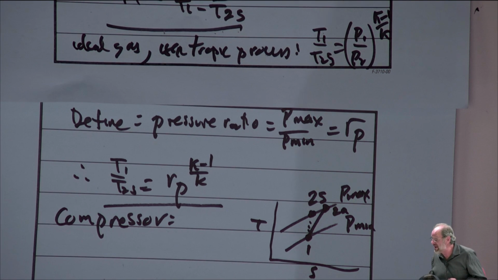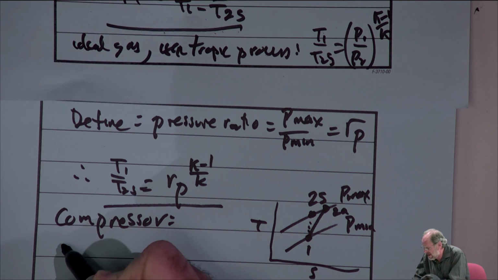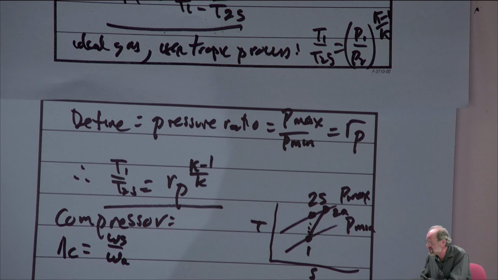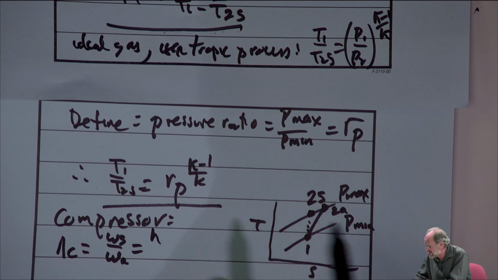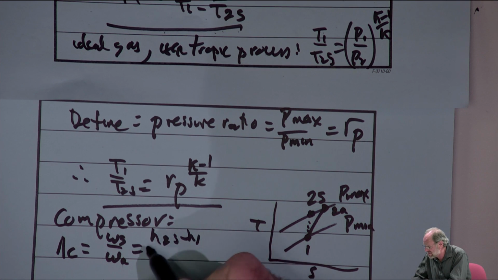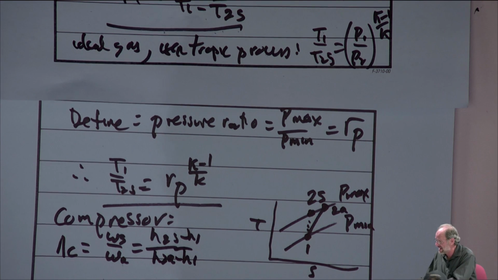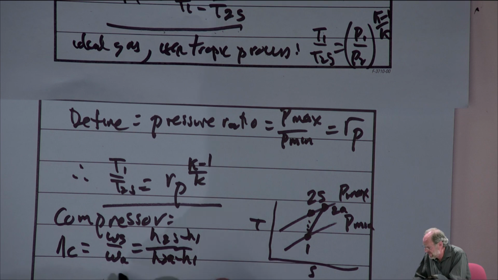We do the same thing as we did before, right? Our compressor's isentropic efficiency is ideal over actual work per unit mass. So this is going to be H2S minus H1 over H2 actual minus H1. Again, these are the magnitudes. We know that the enthalpy change is equal to Cp times the temperature change.